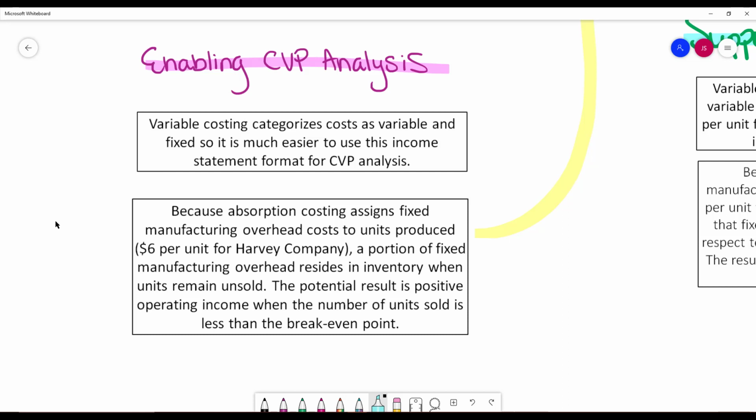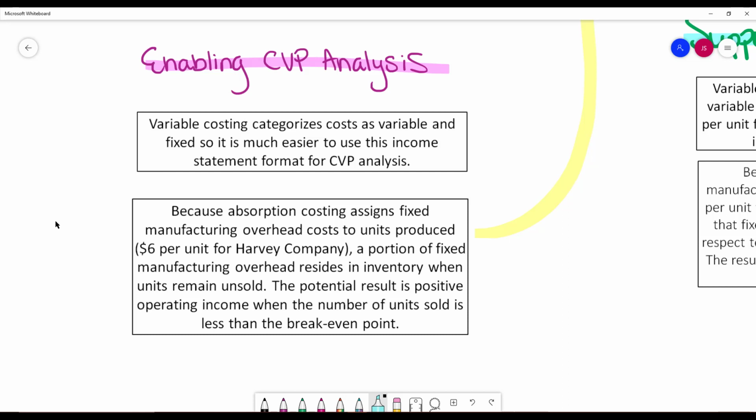Because absorption costing inventories fixed manufacturing overhead, it's possible to sometimes get a skewed view of actual profitability. So it's important to keep that in mind. Although remember, absorption costing is the traditional method and what we have to use under GAAP. Variable costing is only for use by managers.